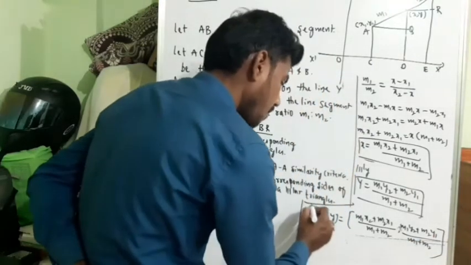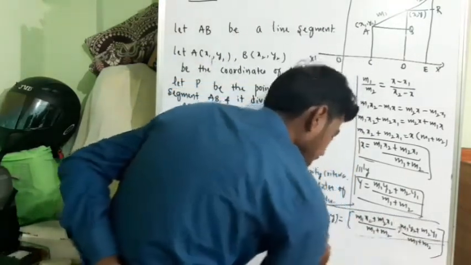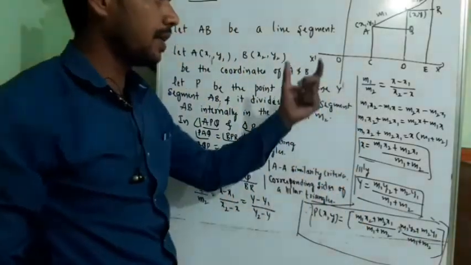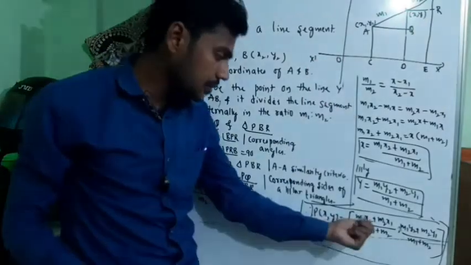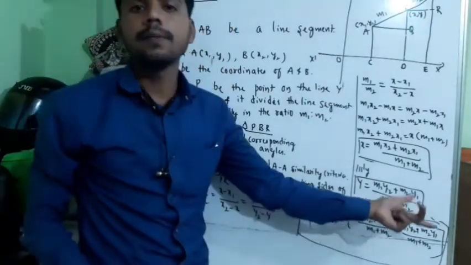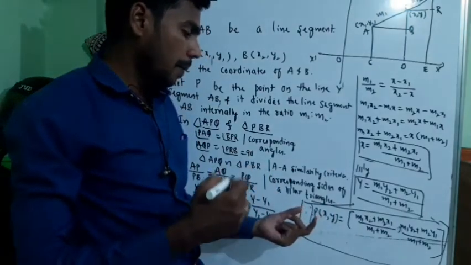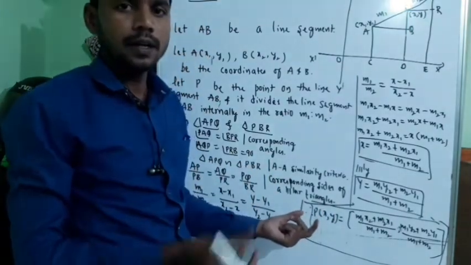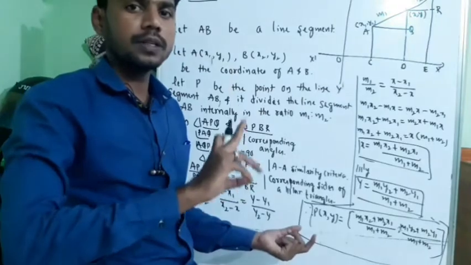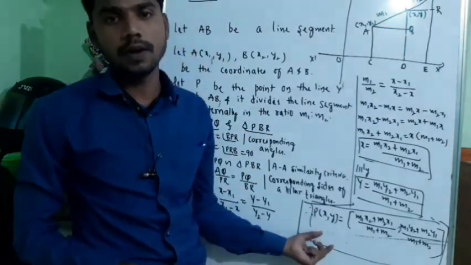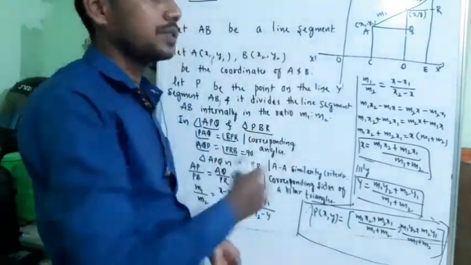So this is the formula to find the coordinates of a point which divides the given line segment in the ratio m1 is to m2. When on the Cartesian plane, if a point P is dividing the line segment in the ratio m1 is to m2, then we are going to use this formula. Okay, please note this down.